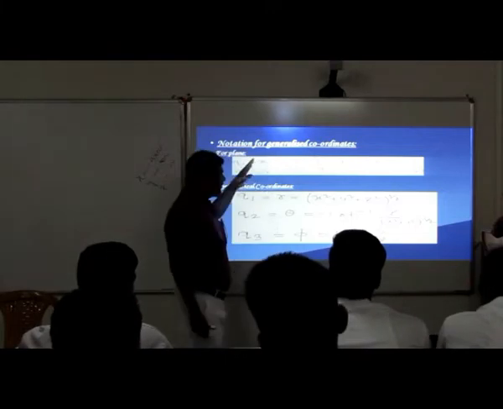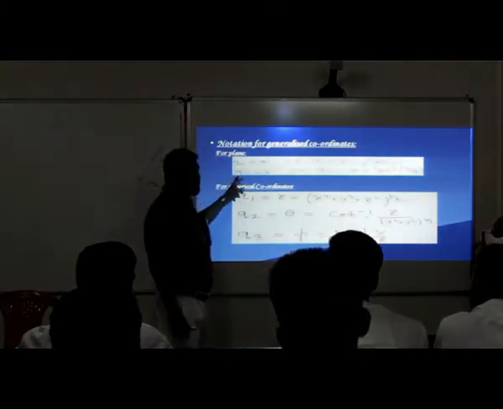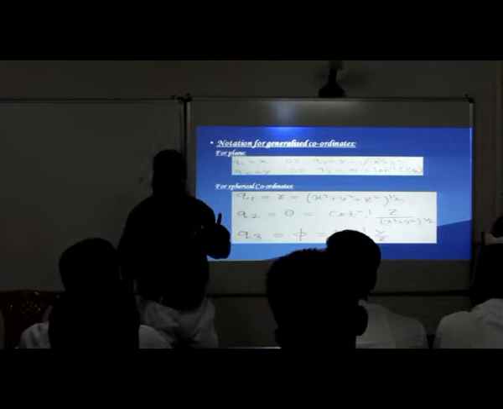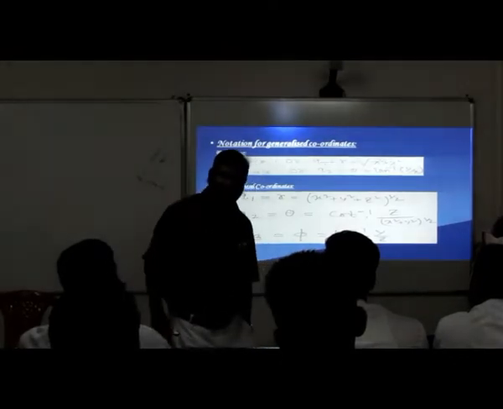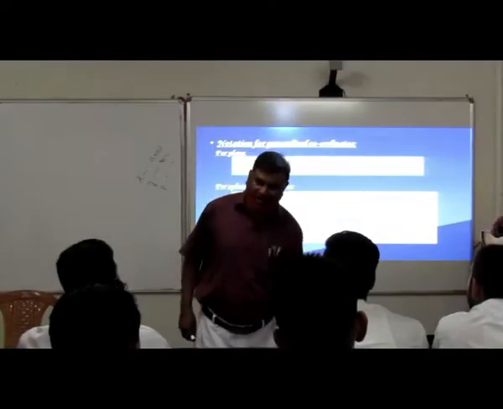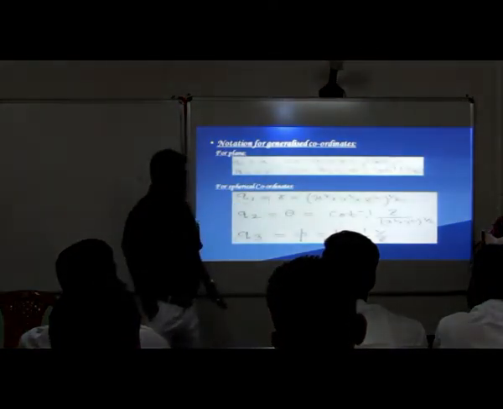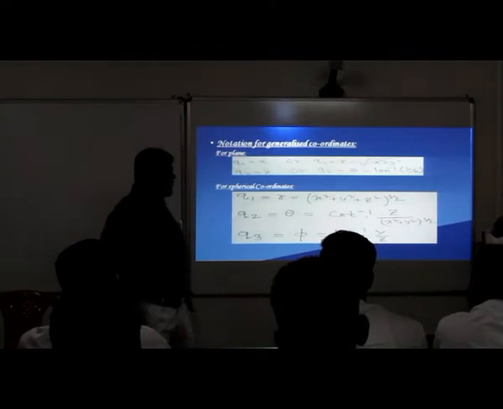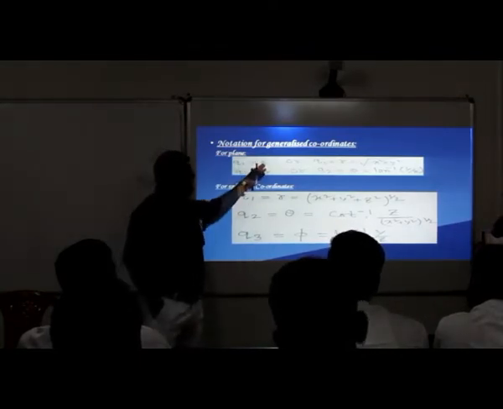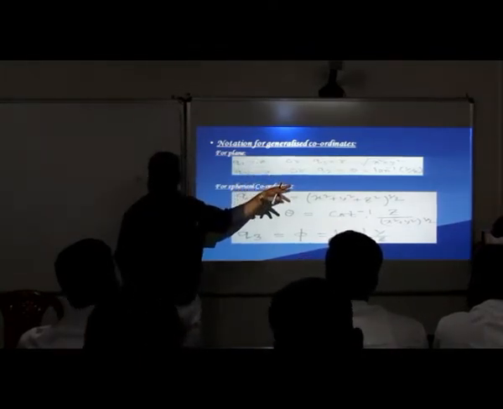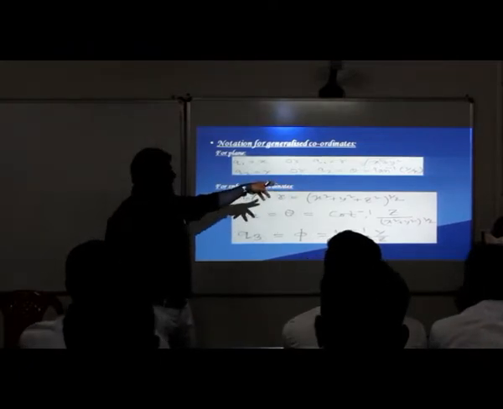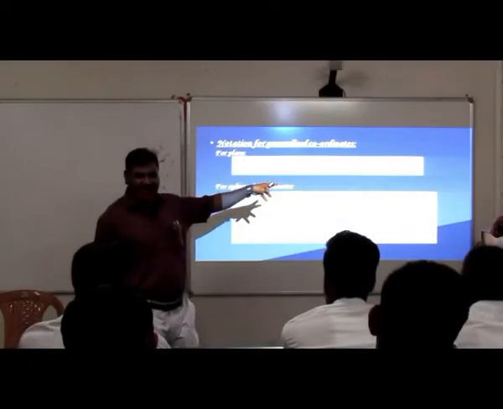These coordinates are chosen as q1 and q2. These two coordinates q1 and q2 are called generalized coordinates. And this is the relation between generalized coordinates and plane and polar coordinates r and theta, as shown in the expression.